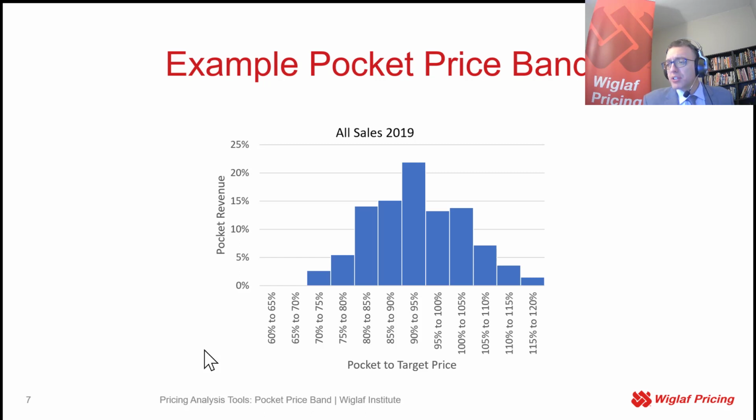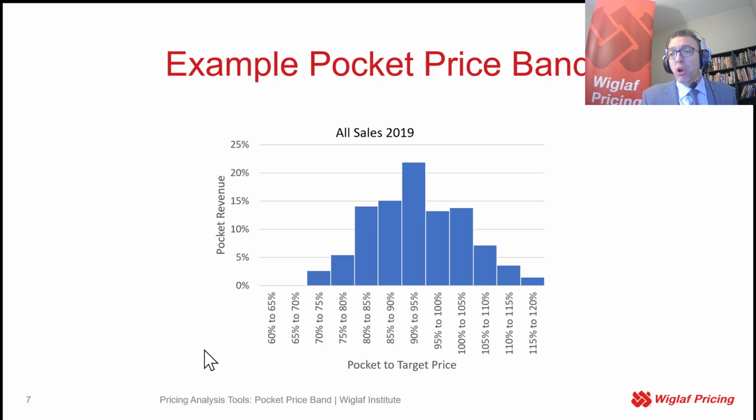And what this indicates to me is that at some point, someone in your company made a strategic decision and said, this is the target price for this product. This is what we expect our salespeople to be selling this product at.